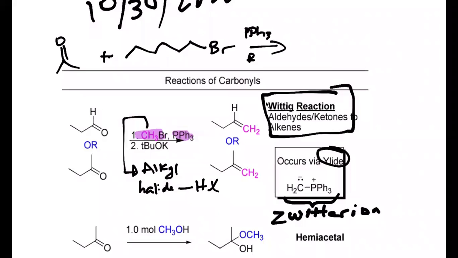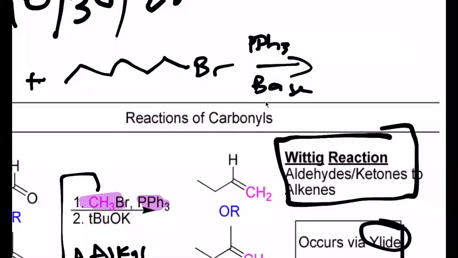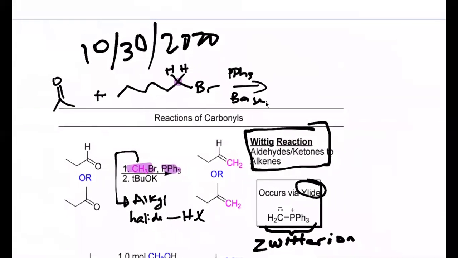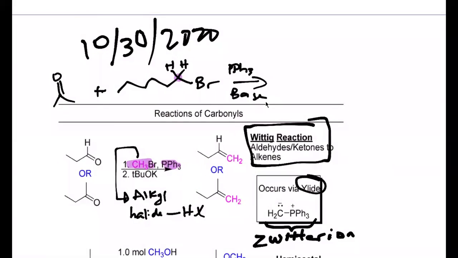The product is going to be this carbon right here. So I've got two hydrogens on there. If we subtract out HBr, what we're left with is CH. And so that carbon is going to be what replaces oxygen.